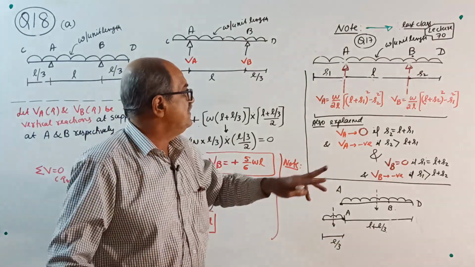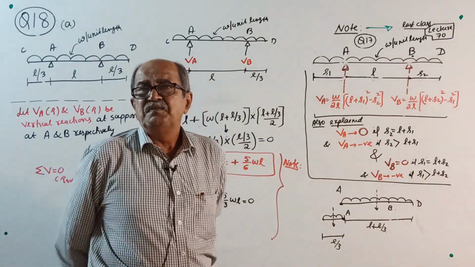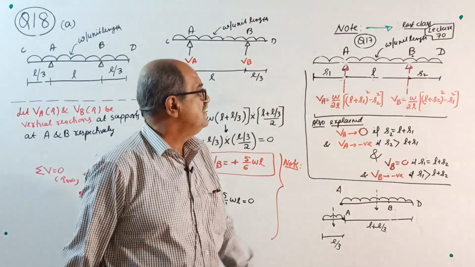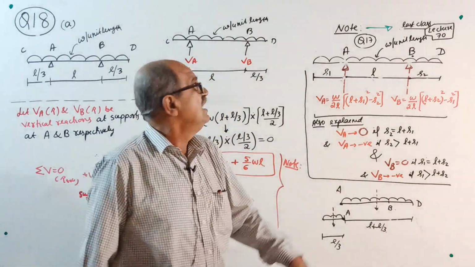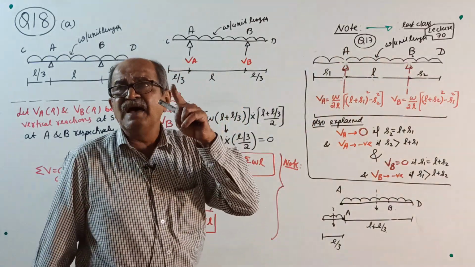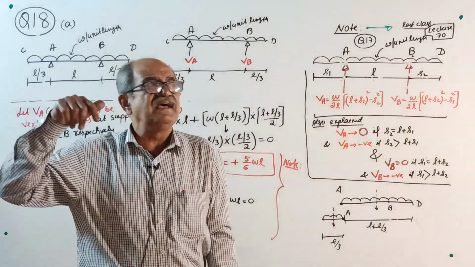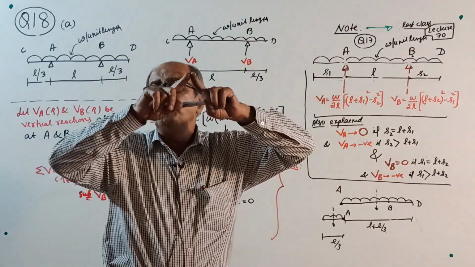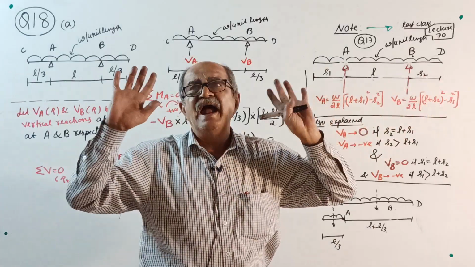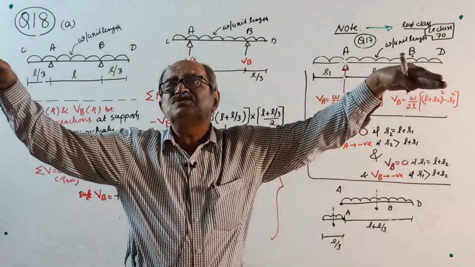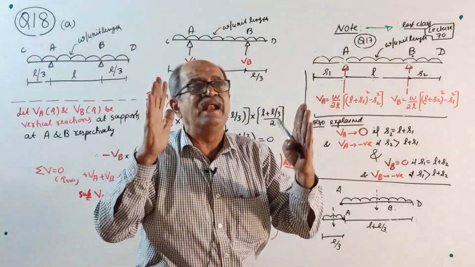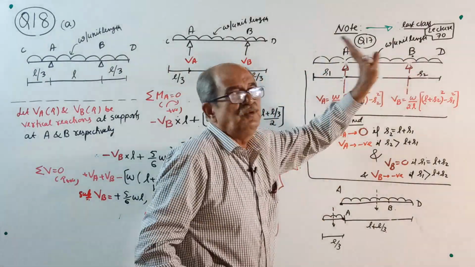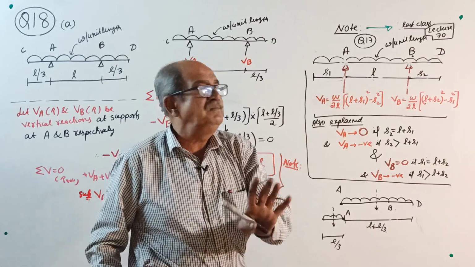But practically, the standard case is only for UDL. So remember, question 17, question 18 today, and next class question 19, all these three are beams with double side overhang and subjected to full length UDL, not full span. Go through last time's class. Okay, start.